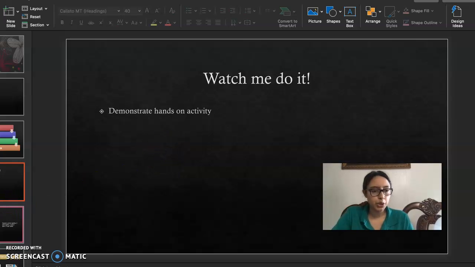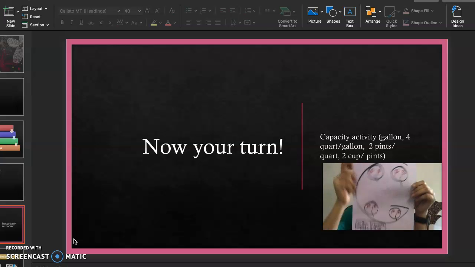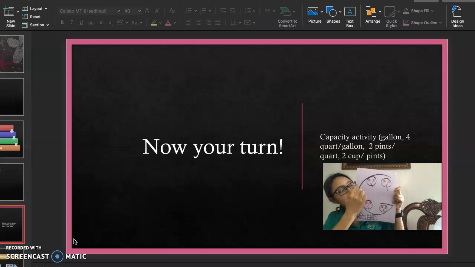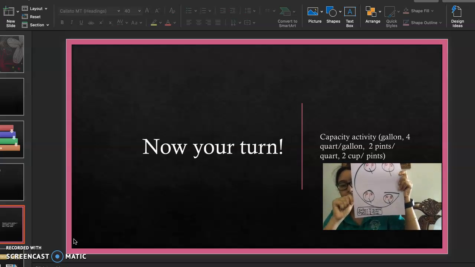And then I showed you the activity whenever I poured the water onto another container from different containers. All right, and then in this case, we did this activity here. First we drew a big capital G, which means a gallon.